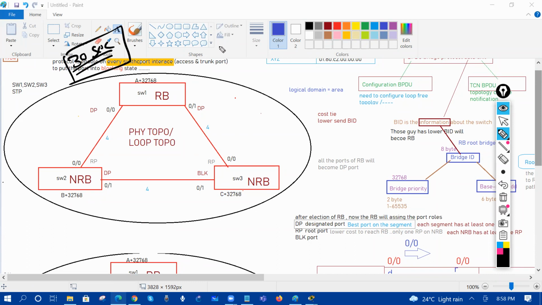And this guy has to follow the states. The states start from disabled, blocking, listening, learning, and forwarding. Disabled means what? No spanning tree.